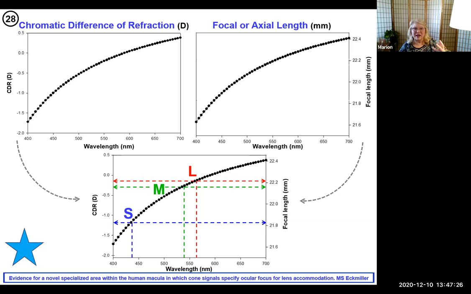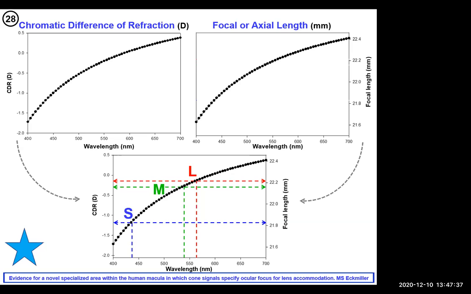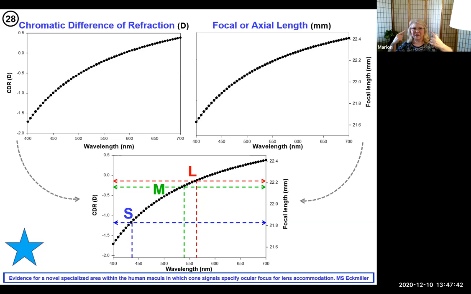And focusing, lens accommodation can be a reflex. It happens as quickly as the pupil changing, constriction or dilation. And I don't see how you're going to get such a reflex accommodation of the lens if its signaling has to go through the cortex.